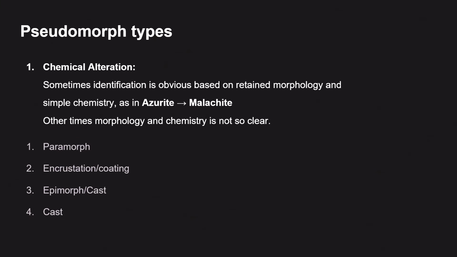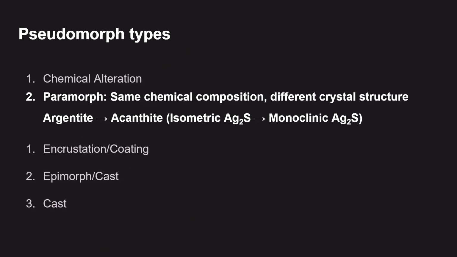And a good example of that is azurite pseudomorphed to malachite. However, in other cases, it may not be nearly as obvious what the morphology of the original crystal and the chemistry was.